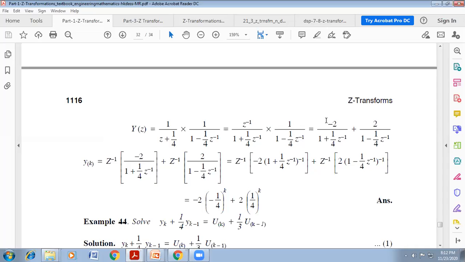Now to derive the whole inverse transformation, we are using this partial fraction method.